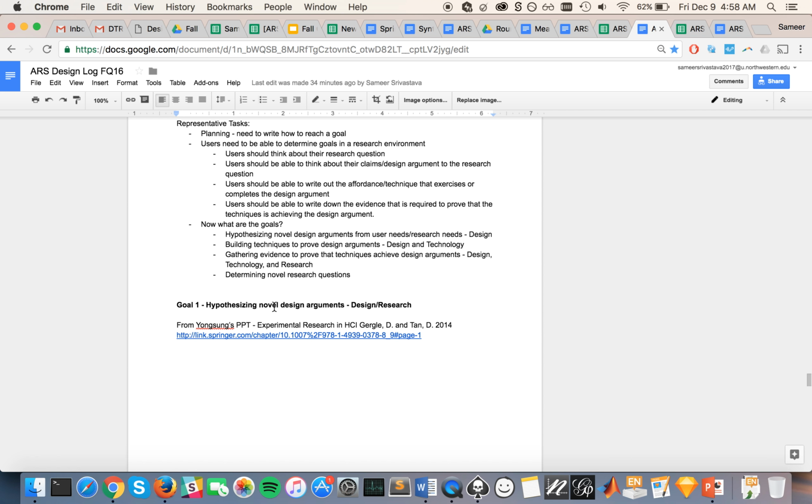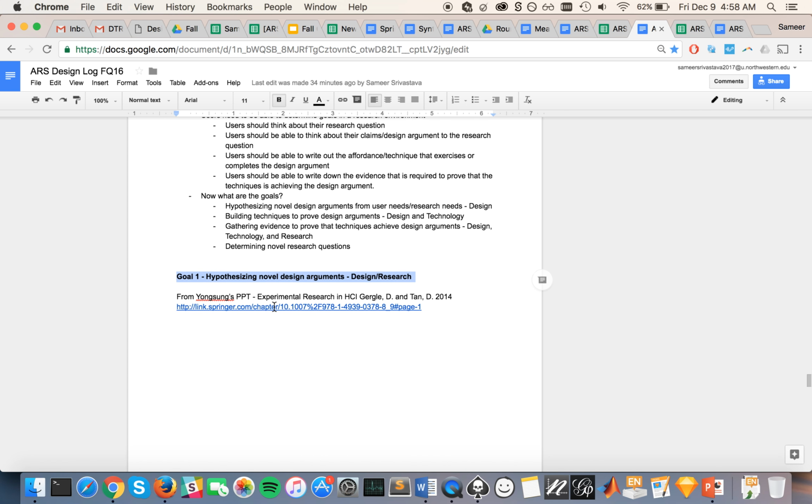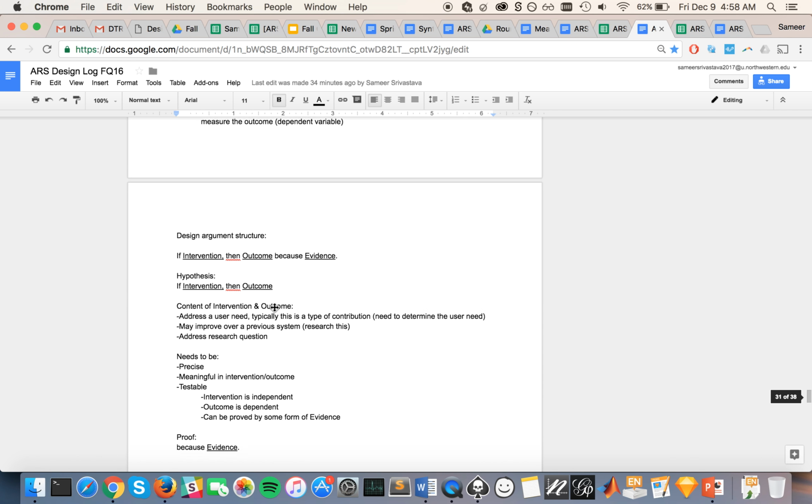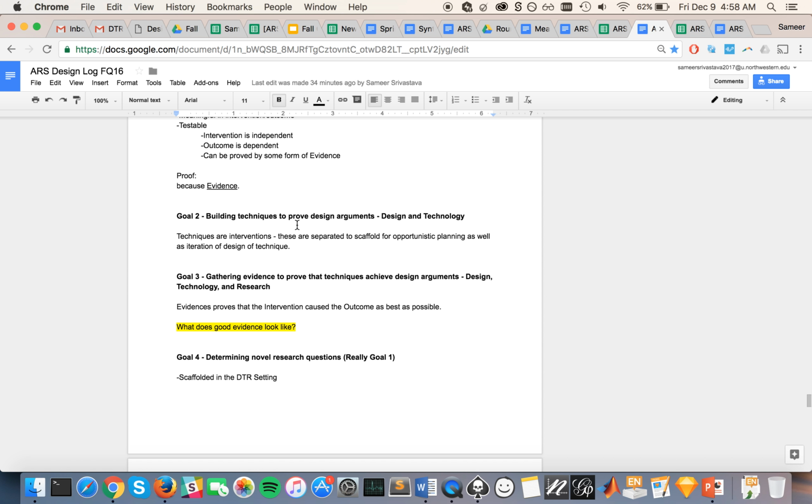One is hypothesize novel design arguments, which is true. And then build techniques to prove design arguments was the second goal. So I actually added this to the Canvas. You have your claims or your design arguments that answer your questions, but what executes those claims?